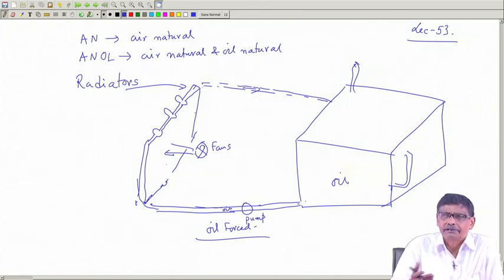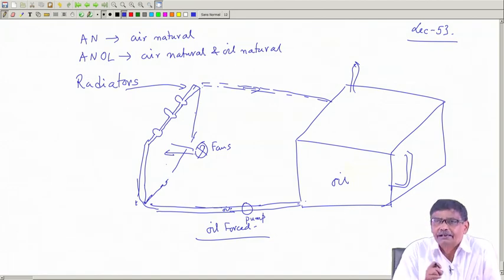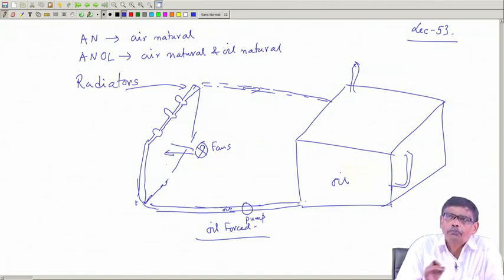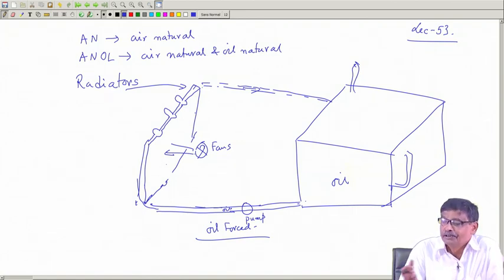So, these are terminologies which you will easily understand, but the basic understanding of the whole process is that for large transformer, you have to have some elaborate cooling arrangement for the transformer.